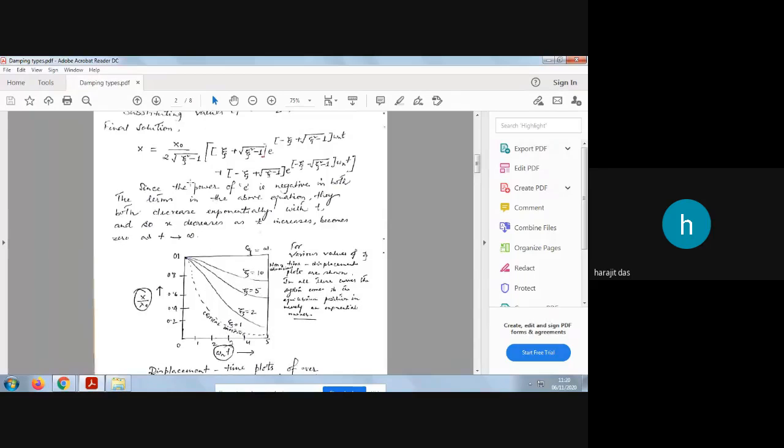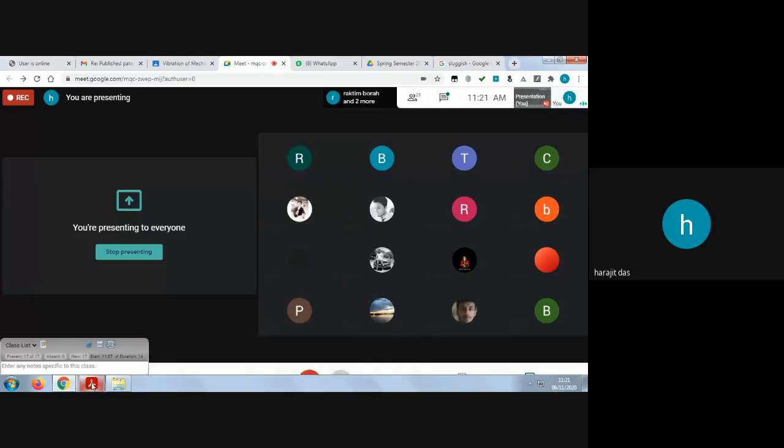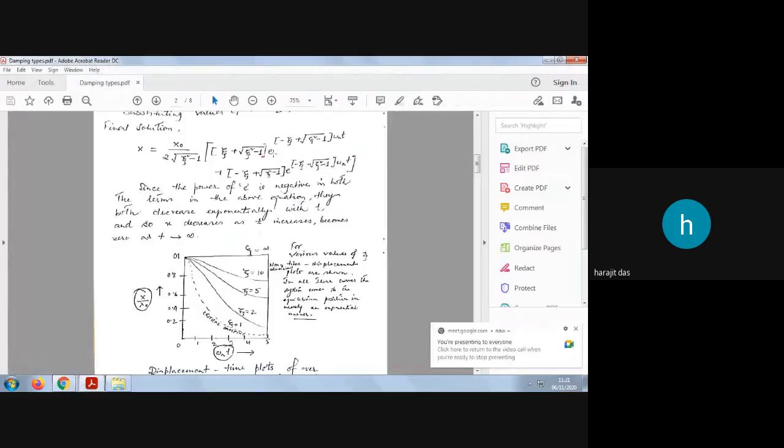From this expression, what you can see is that all the exponential terms of e will be negative. See here, minus zeta plus zeta square minus 1: because zeta is greater than 1, this term will be negative, isn't it?